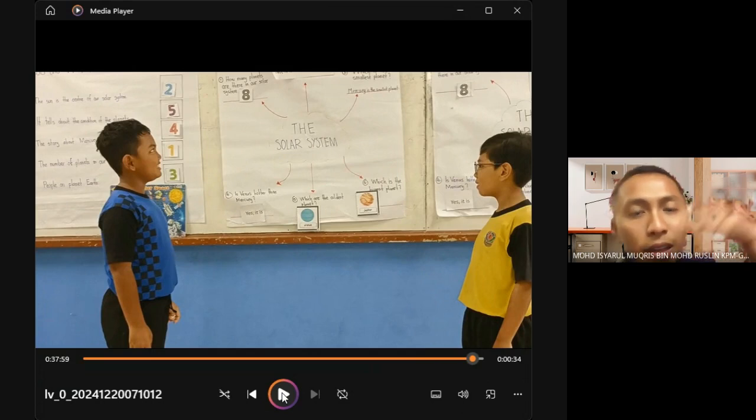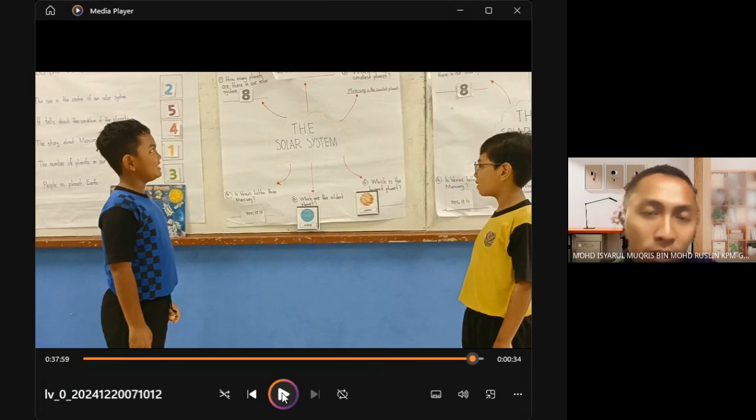So the strengths and the areas for improvement for this lesson. One of the main strengths of the lesson was its interactive and student-centered approach. The students were engaged throughout and the variety of activities catered to different learning styles: visual, auditory, and kinesthetic. The group work fostered teamwork and communication skills, while the oral presentation built confidence.